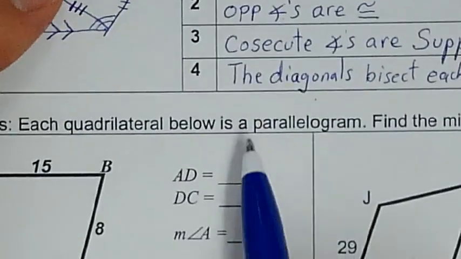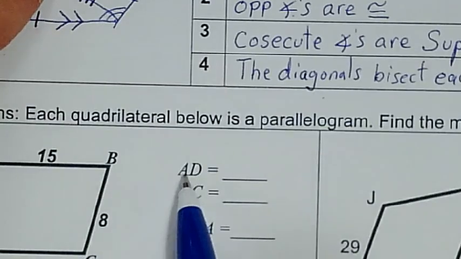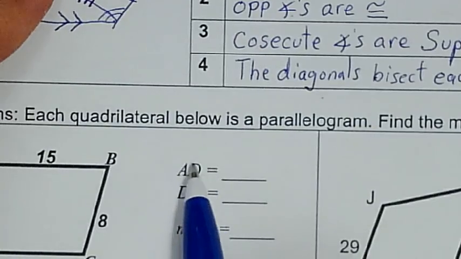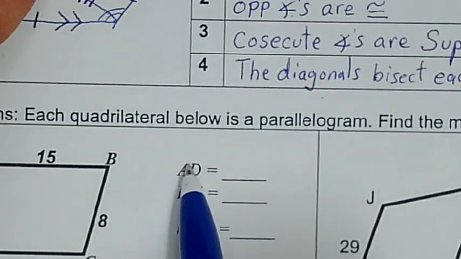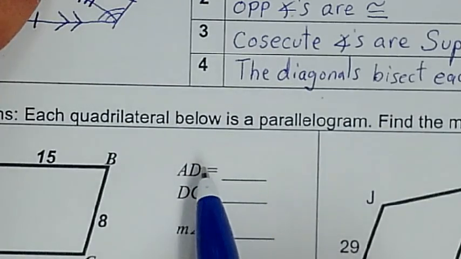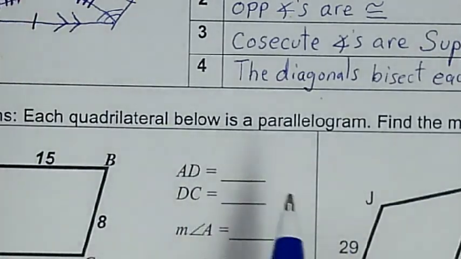What's AD? What does it mean when you have an A and a D next to each other with nothing above it? You have to remember, what does it mean when there's nothing over the AD? Does it mean line segment AD?